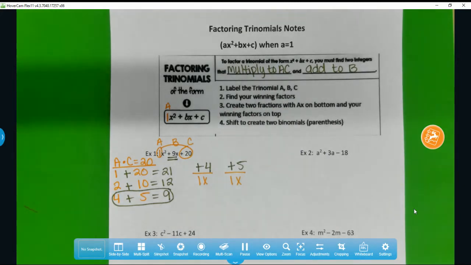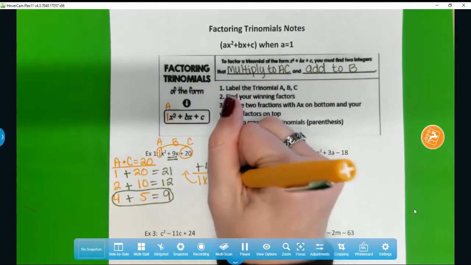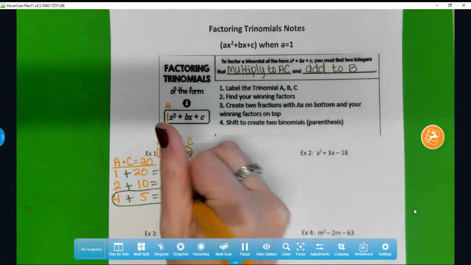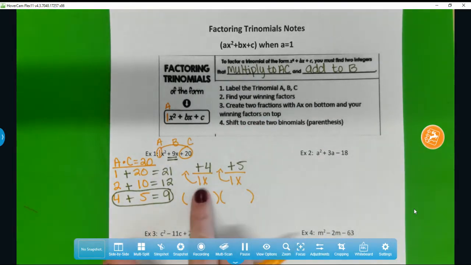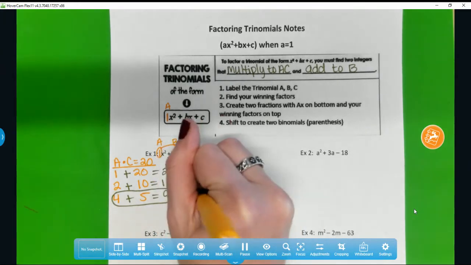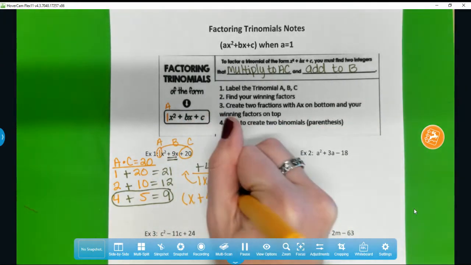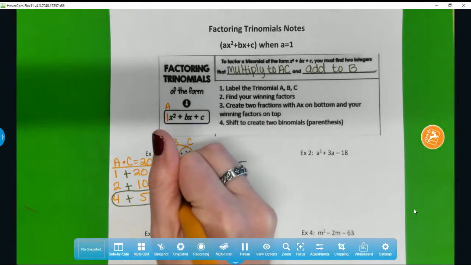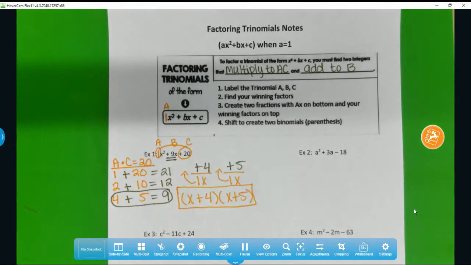Now, all you do is swing the bottom up, and we fill in our two parentheses. So we have x plus 4, and x plus 5. And that would be our answer.